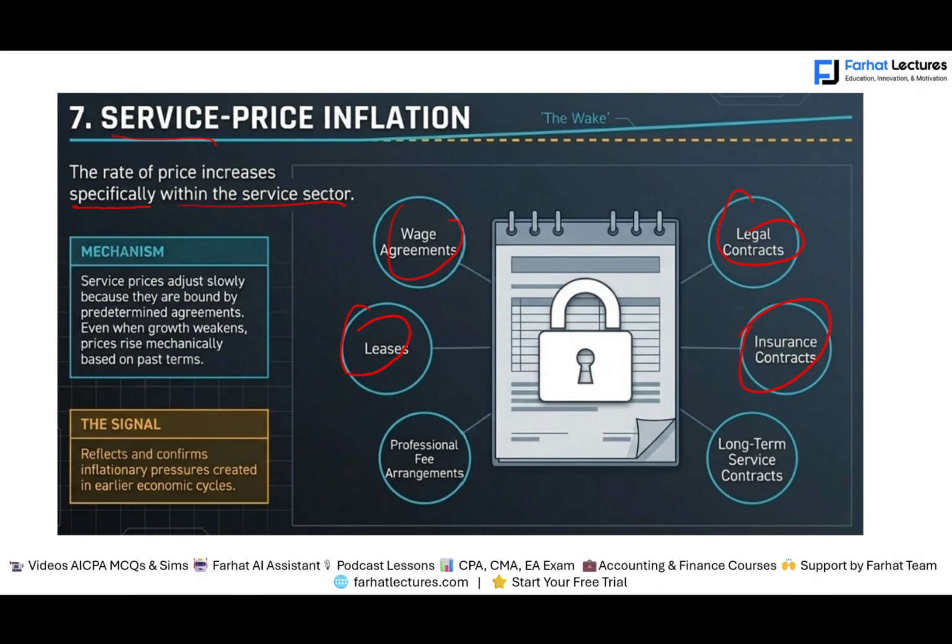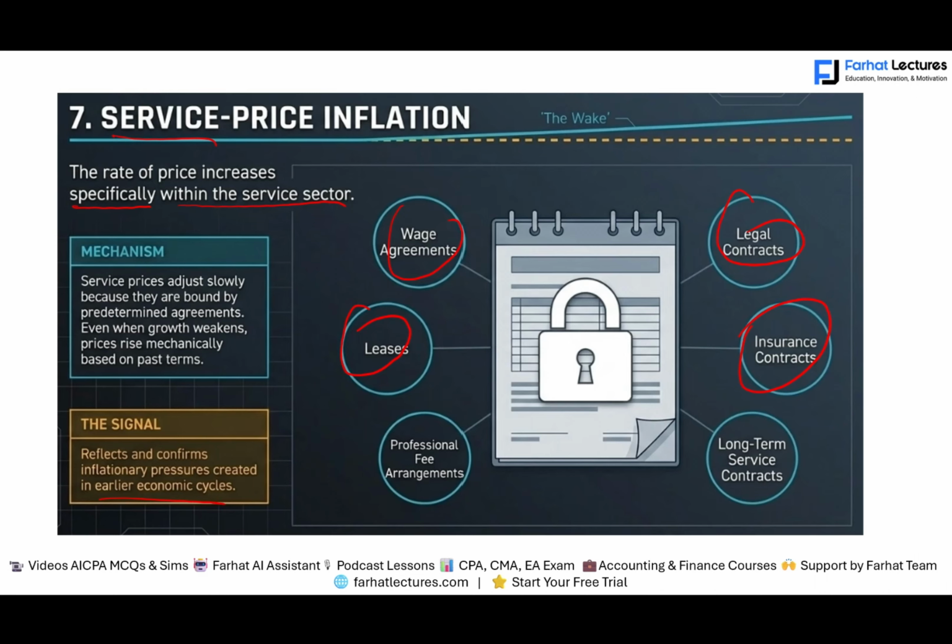For example, a dental clinic or a doctor will continue raising patient fees because long-term lease and insurance costs remain high. It cannot be changed quickly. So higher prices reflect inflationary pressure from an earlier period rather than current economic conditions. This confirms inflationary pressure created in an earlier economic cycle.